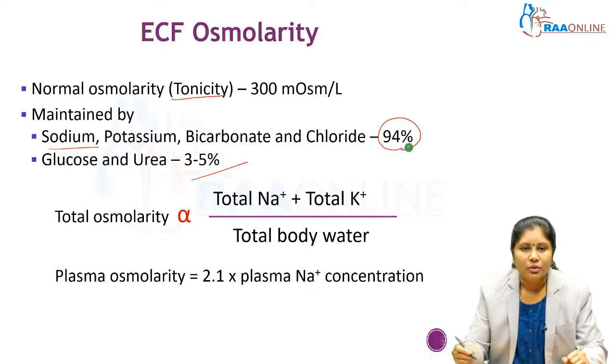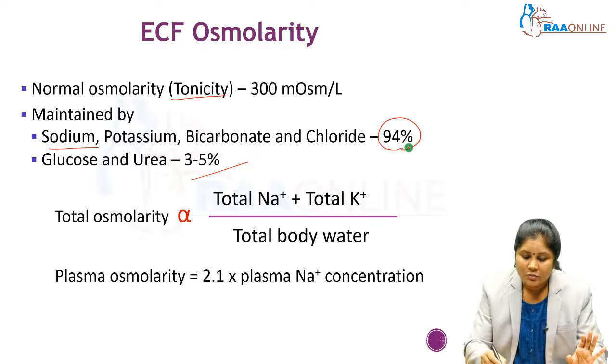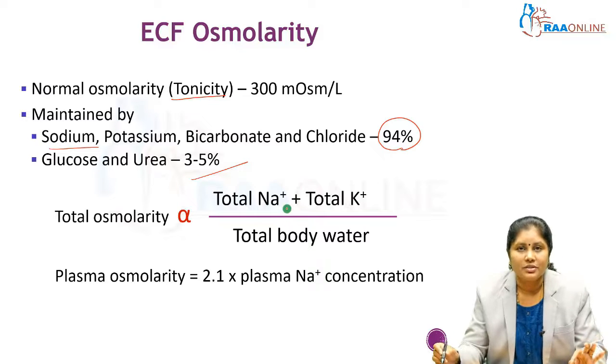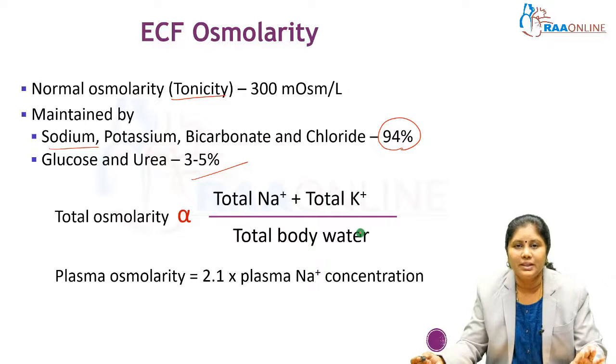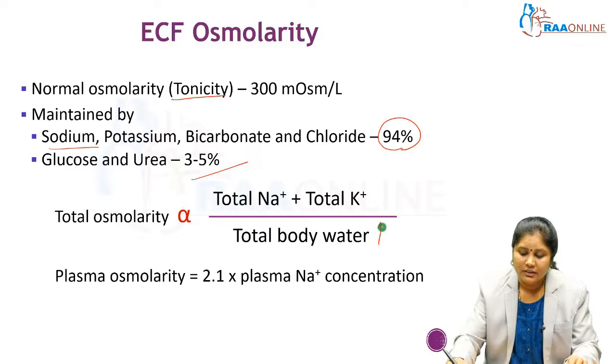So the major contributor is around 94% by the sodium. This formula holds good: total osmolarity is directly proportional to sodium concentration plus total potassium concentration, divided by the total body water. So osmolarity is directly proportional to the concentration of the solutes and inversely proportional to the water. When the ECF volume, the water content, is increased, osmolarity decreases, and vice versa.